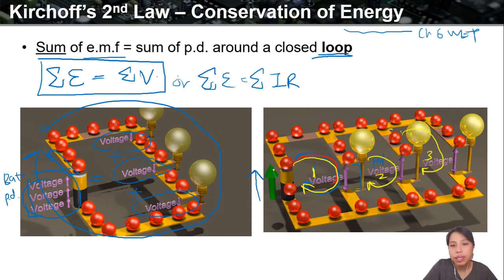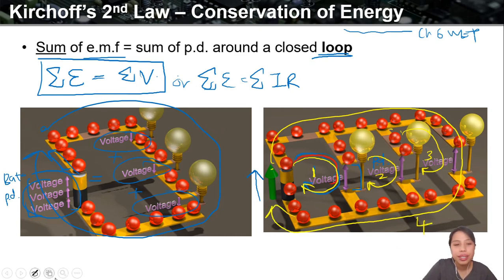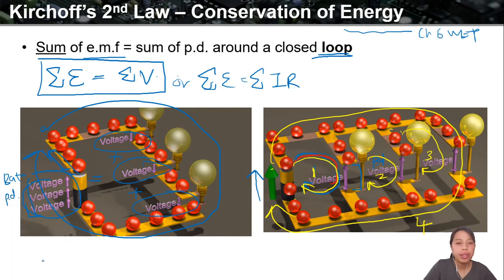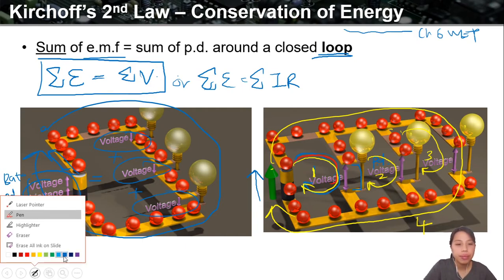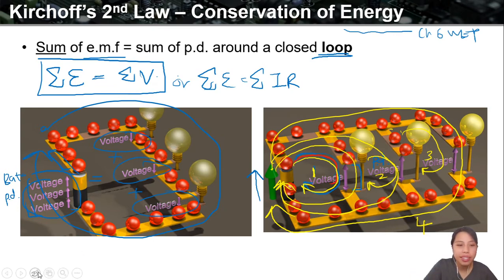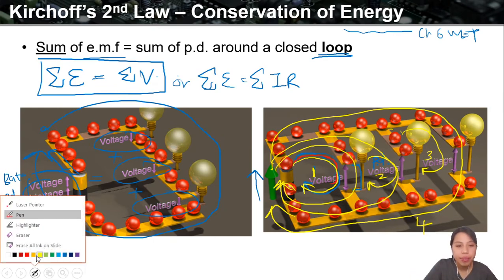And then you can have the major one, you start on the battery, loop number 4. I'm going to look at loop number 4 because that's the one most directly relevant here. Actually there are more loops: loop number 5, loop number 6. Basically just trace all the paths that have EMF, PD, everything.